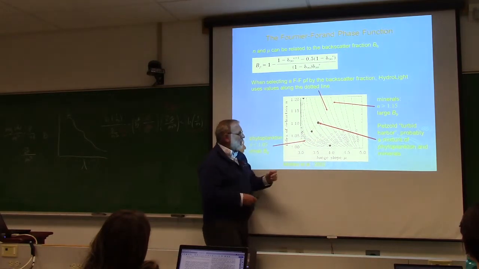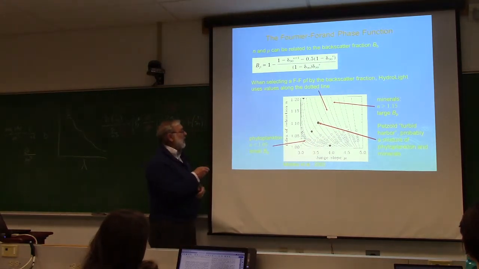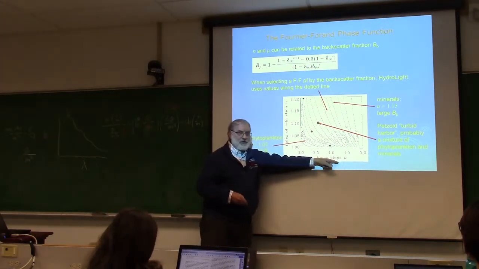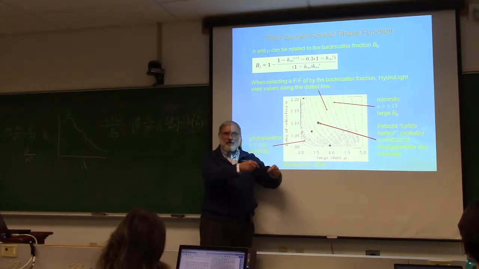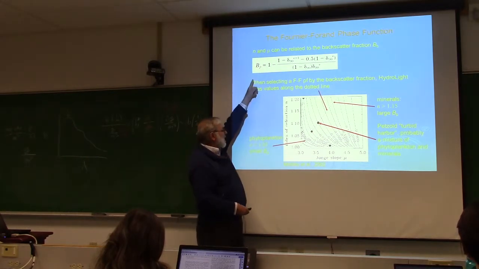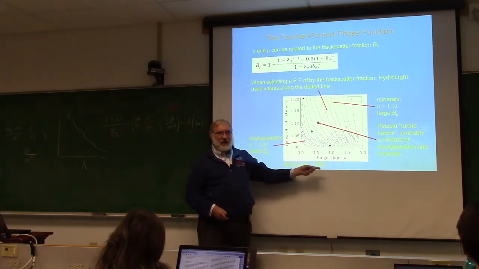And then I needed some way that I could put in a backscatter fraction and come up with an index of refraction and a Junge distribution slope, which I could then plug into the phase function formula. Well, I've got one number and I need to retrieve two, so that doesn't work.